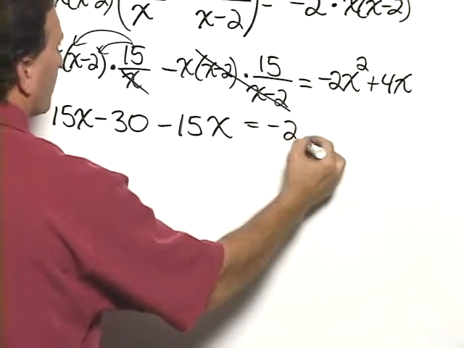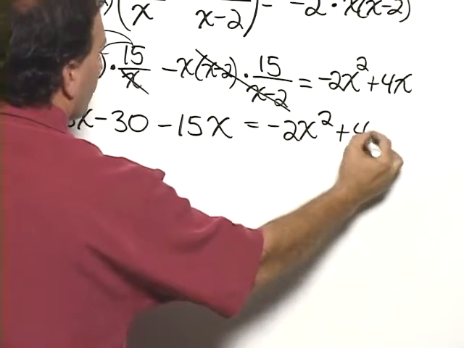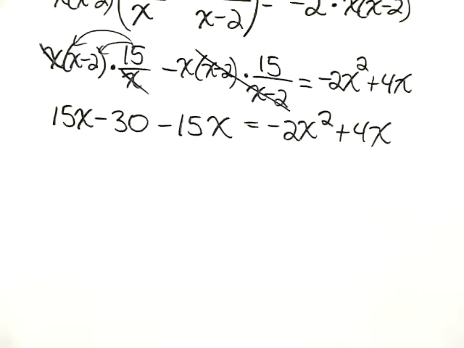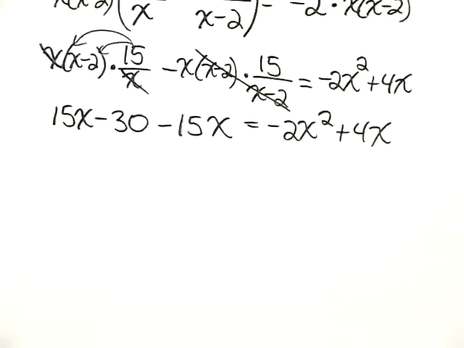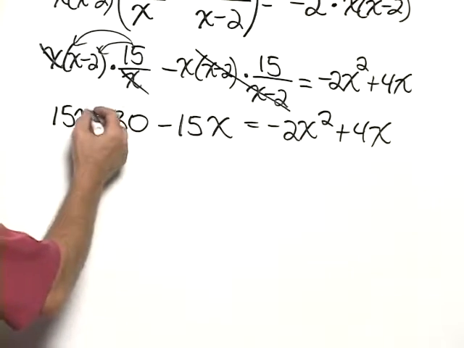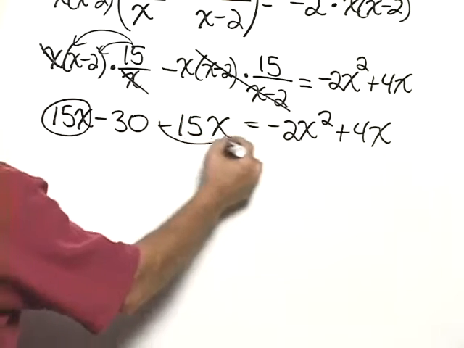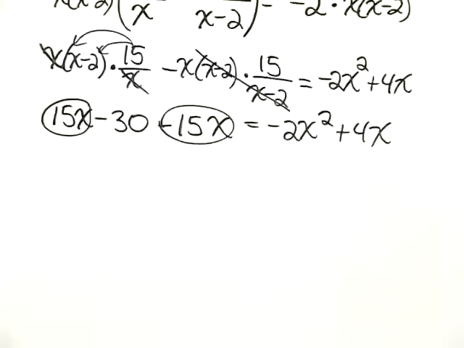That's equal to minus 2x squared plus 4x. We'll recognize this as a quadratic equation because of the x squared term. However, notice that the 15x minus the 15x will sum to 0.